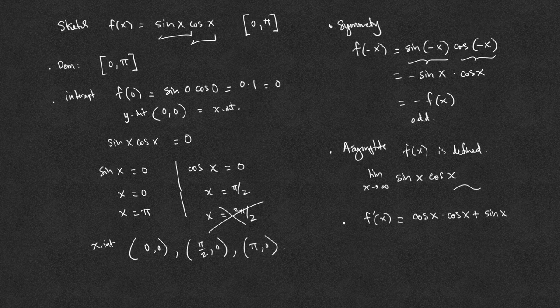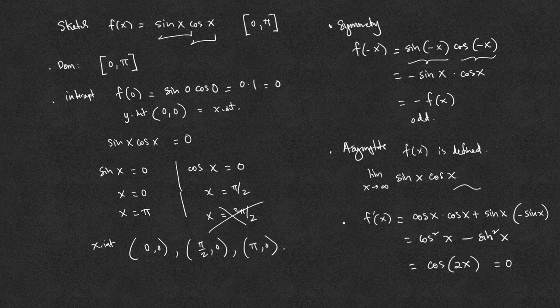The derivative of cosine of x is negative sine of x, so we have cosine squared of x minus sine squared of x. And we know that this is an identity: this is cosine of 2x, the double angle identity.